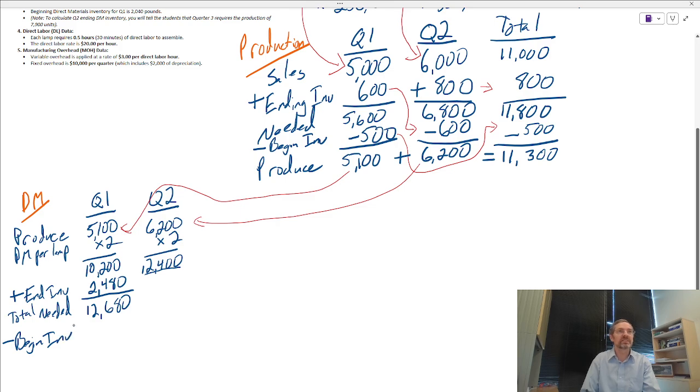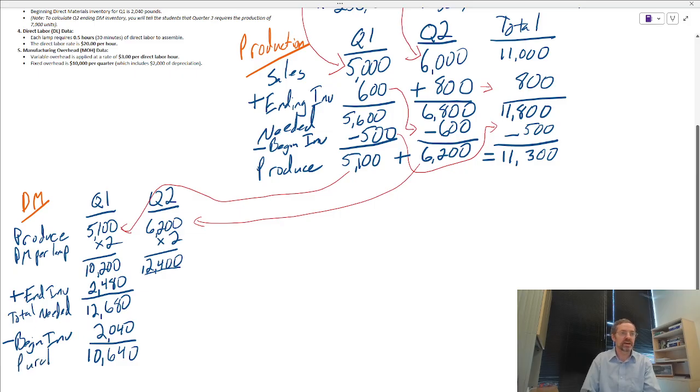In this case, they said that we started with 2,040 pounds. And that gets us, how much material do we need to buy this quarter? 10,640.